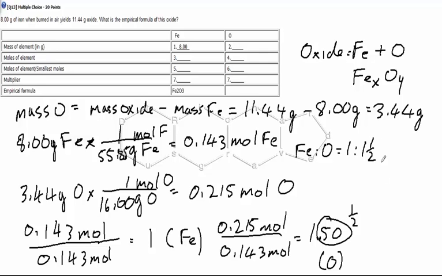And what we need here is whole numbers, and the way we get there is we can take both of these and multiply them by 2. So what we're going to end up with after we multiply both of these by 2 is 2 is to 3. So that's how we end up getting our empirical formula here as Fe2O3, 2 is to 3.